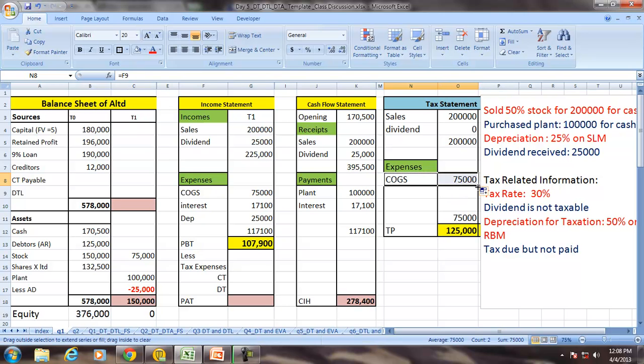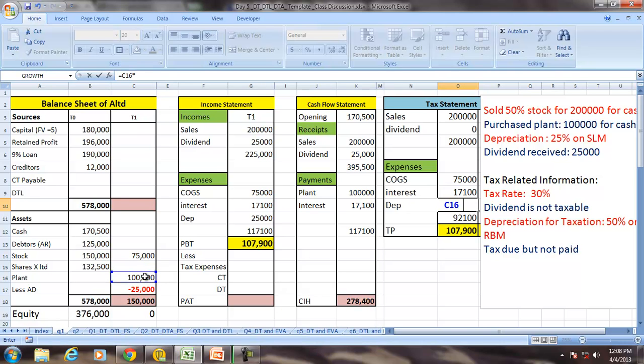Expenses: COGS is the same as accounting. The interest is the same as accounting, but depreciation, it says 50% on RBM, so 0.50 on 100,000, so depreciation is 50,000 in taxation, whereas 25,000 in accounting.